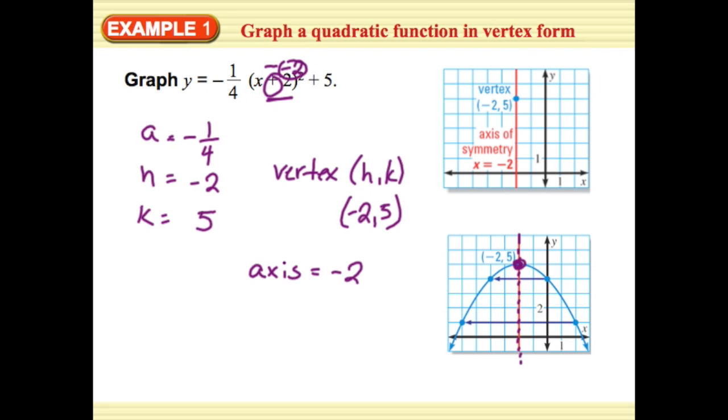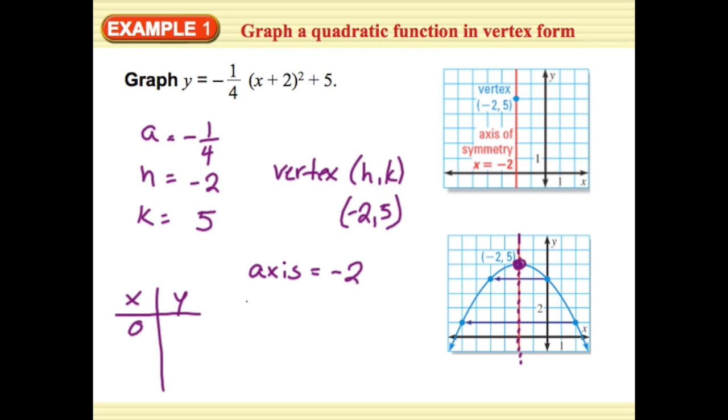And now I can evaluate for more coordinates and reflect over my axis of symmetry just like I do with standard form. So this one's going to be a little trickier because we do have that square. It's a little more of a complex formula, but we can work with it. So let's say, for example, my first x value is going to be 0.